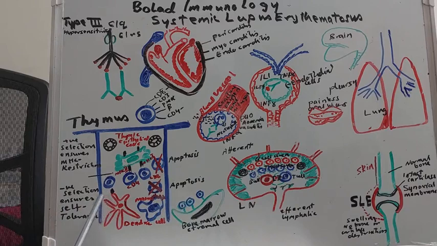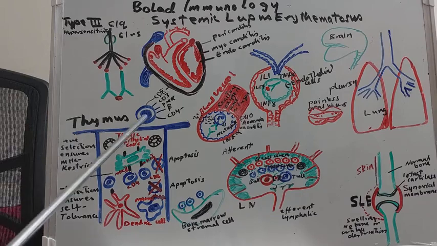Negative selection ensures self tolerance. So only 5% of T lymphocytes exit the thymus gland, and around 95% of thymocytes that arrive at the thymus will be killed by apoptosis.